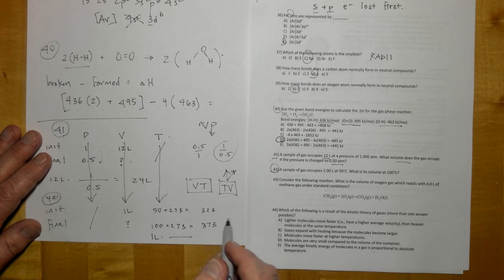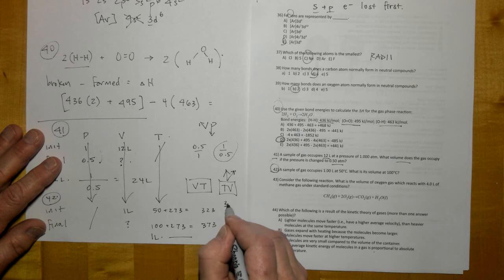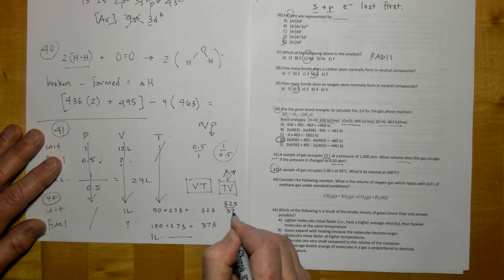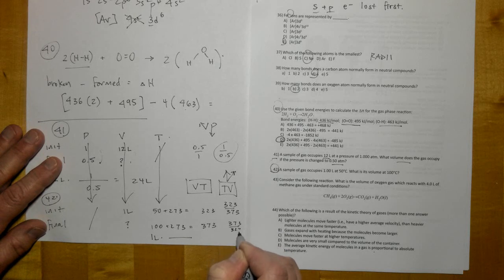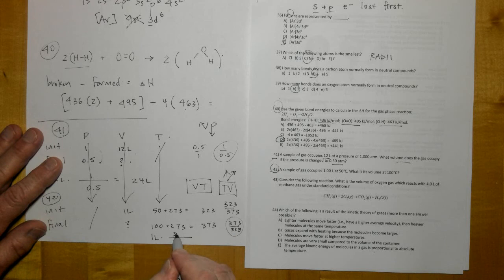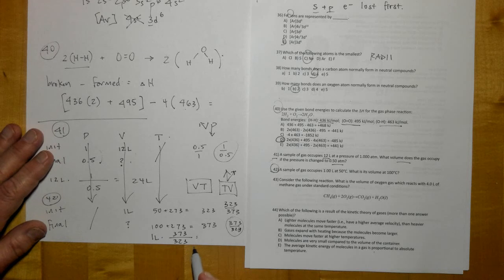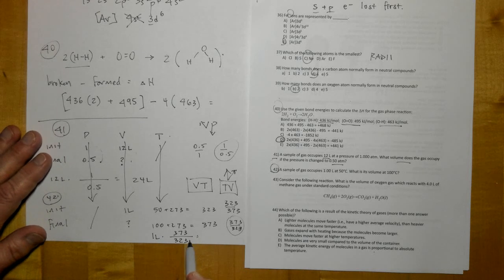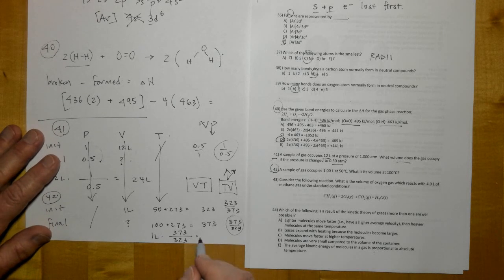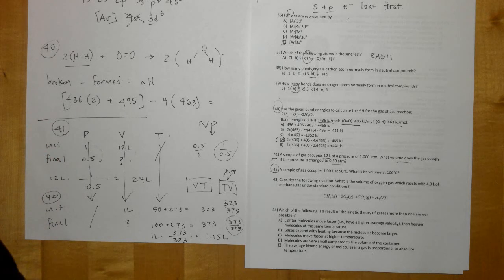And the bigger one would either be 323 over 373 or 373 over 323. Which one would make it get bigger? Hopefully you pick the one with the larger number on the top if you want it to get bigger. If you're not sure, multiply by both and then find out which one makes it get larger. So when you multiply by that, you end up with 1.15 liters. More in the next.